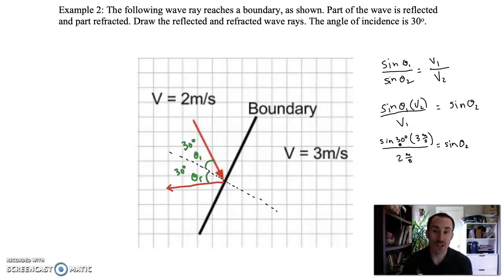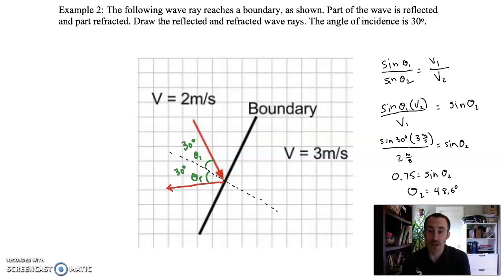So the sine of 30 degrees is 0.5. 0.5 times 3 is 1.5. 1.5 divided by 2 is 0.75. So 0.75 is the sine of theta 2. And so when we do the inverse sine, we get theta 2 is equal to 48.6 degrees. So that's our angle of refraction.